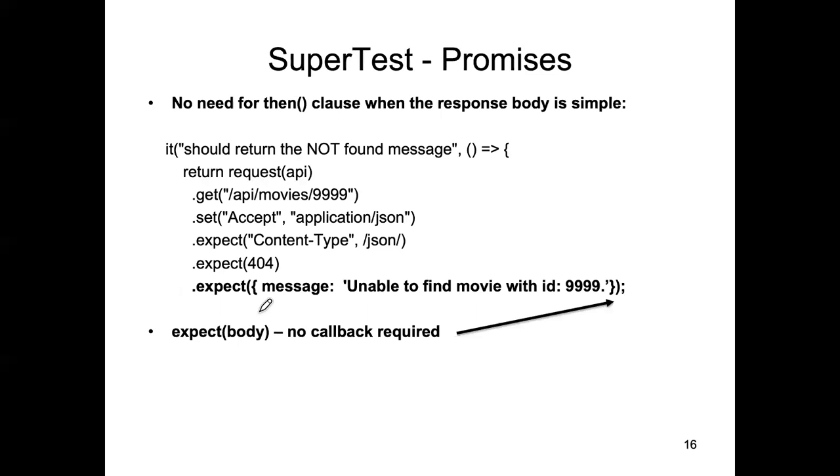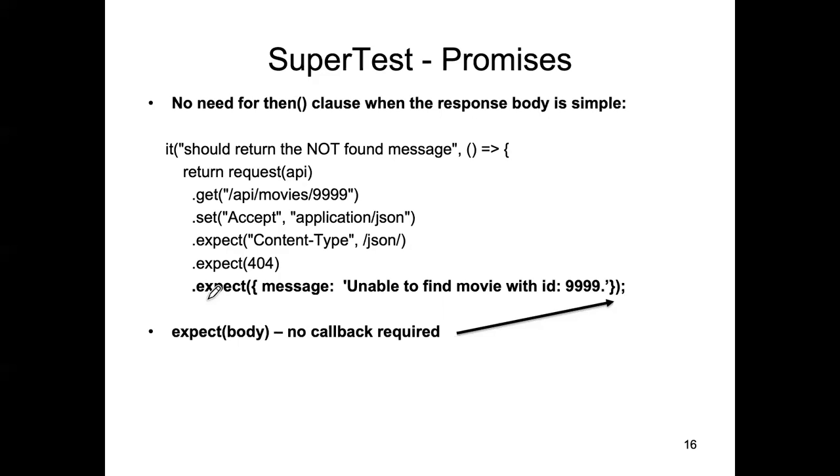Here's the promise-based programming model implementation when the response back from the web API is something like a 404 error and there's only a simple body. I don't need the then clause here at all for this case. I could still use it if I wanted to, but it's slightly less coding.